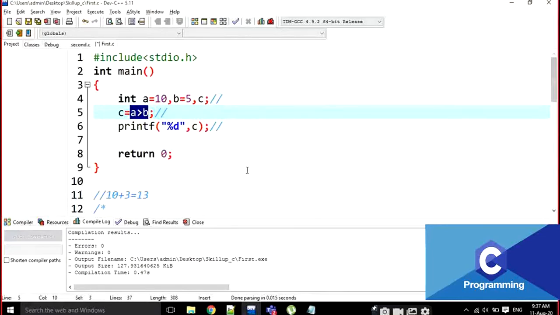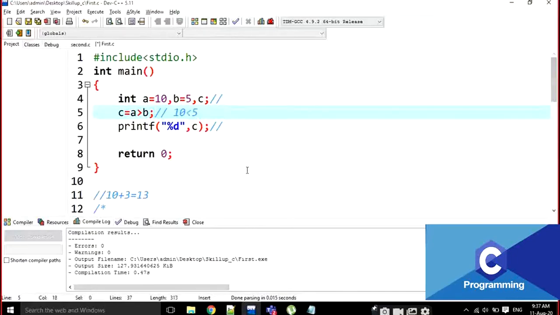What is the A value here? A value is 10. B value is 5. I am asking here, is 10 greater than 5? Yes, 10 is greater than 5. If it is true, it is going to be written as 1. For example, I am going to change it to 5 like this.